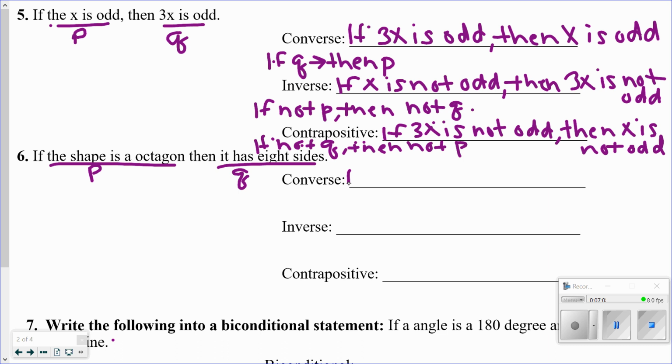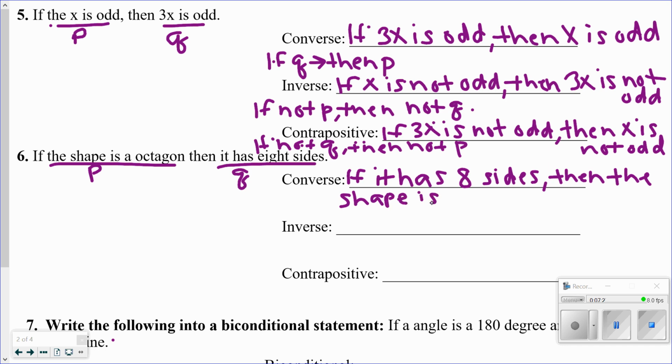So if it has 8 sides, then the shape is an octagon.